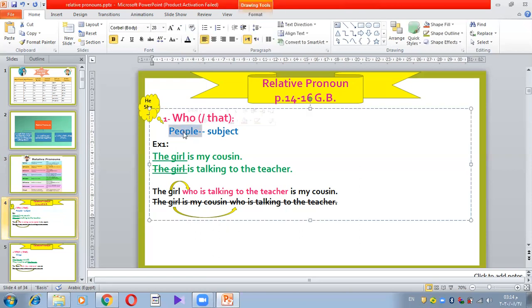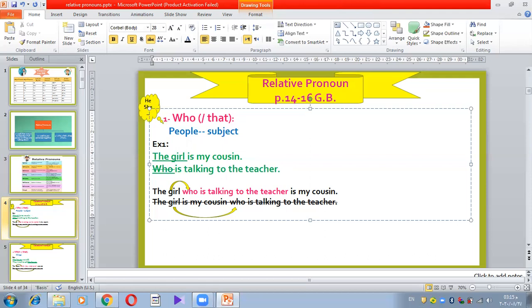That's number 1, people. So the girl is written in which position? Subject, object, what position? It's in the subject position. Very good. So it means you can remove the repeated word and replace it with who. Just like this. Very good.